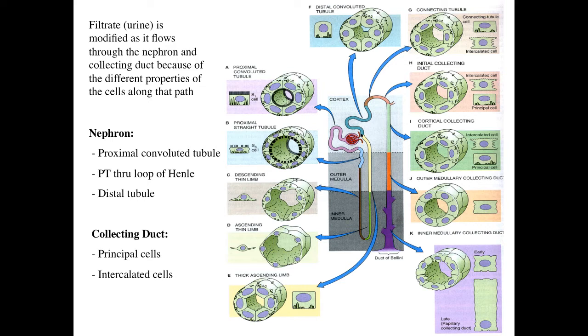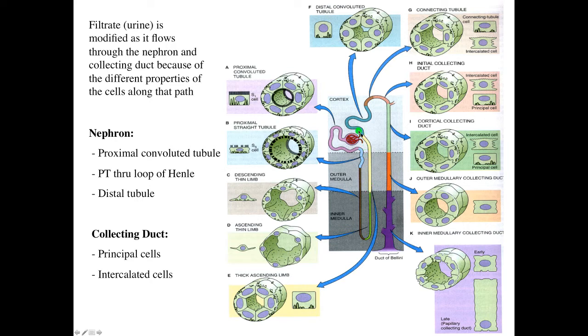So this diagram is just showing what you already appreciate, the path that the filtrate travels as it's made in the glomerulus and collected initially in the urinary space of Bowman's capsule, and it's going to go through the various tubules like so. And here we're all still in the nephron.